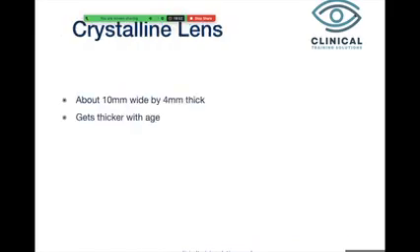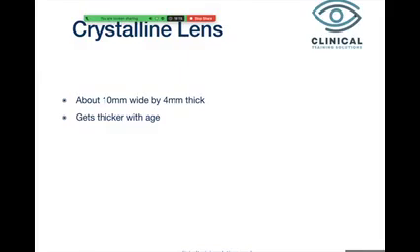So the crystalline lens normally is about 10 millimeters wide by about 4 millimeters thick. So if you had a patient coming in and they were, say, in their 20s and the lens thickness was about 10 millimeters, that would be odd, because 10 millimeters is for an average person, okay? And it gets thicker as you go older.